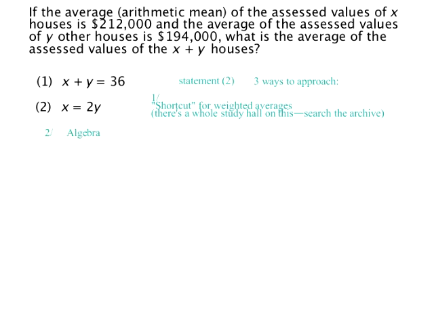Remember that an average is the total of all the prices divided by the total number of houses. We don't have to keep writing the thousands, so from now on, everything is in thousands.